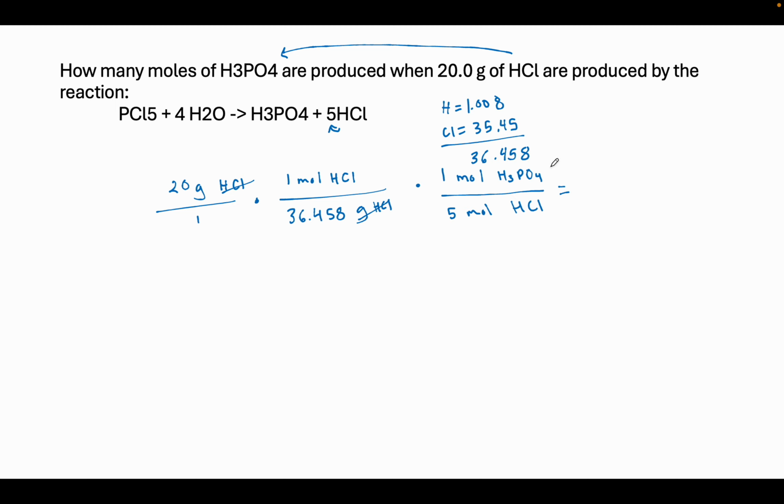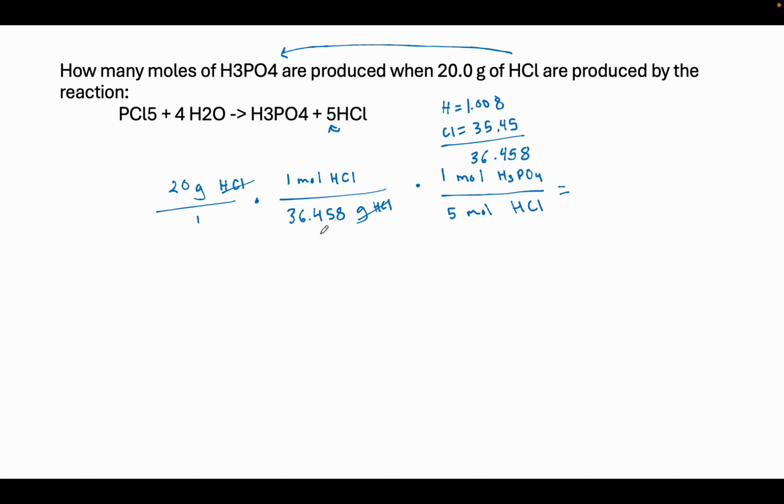That would equal a number, but really all they want to see in the answer is just the process. So we start off with 20 divided by 36.458, which is 36.5 in the answer choices.